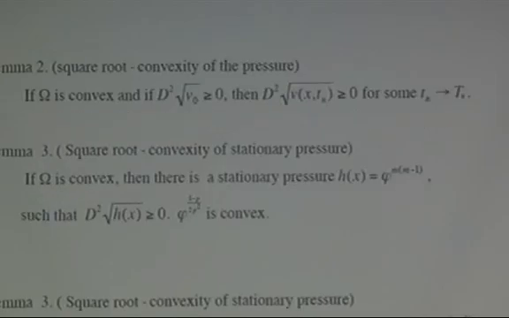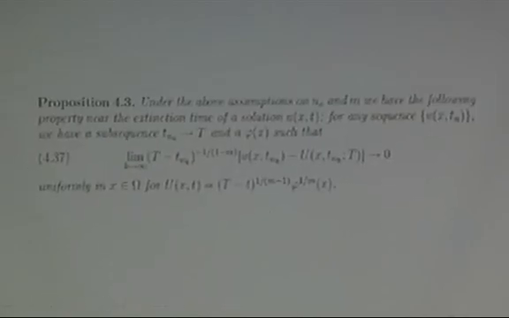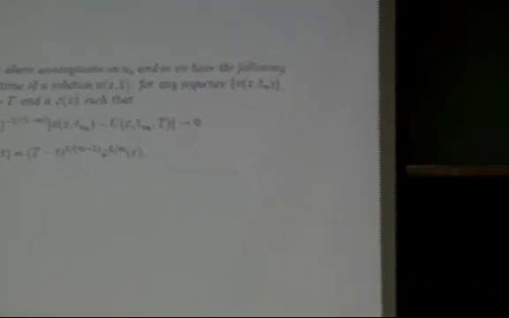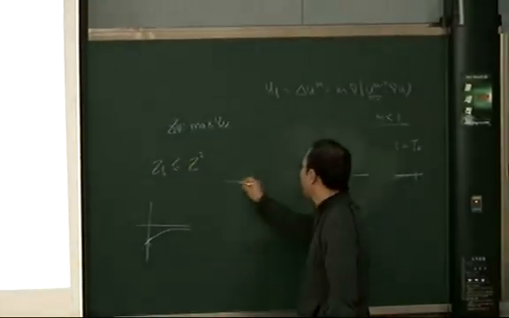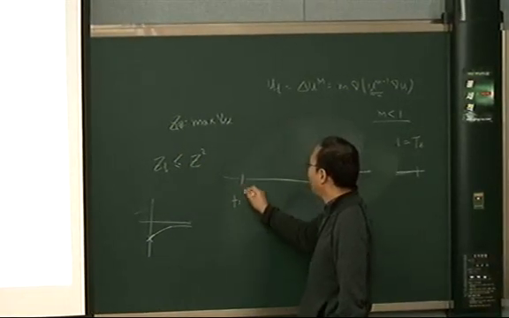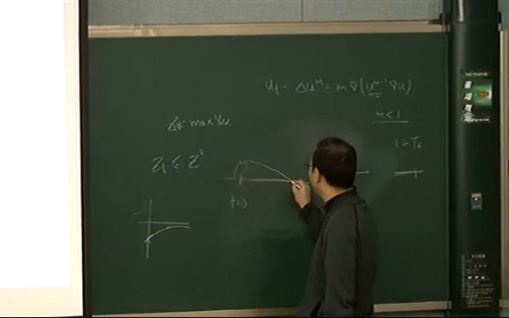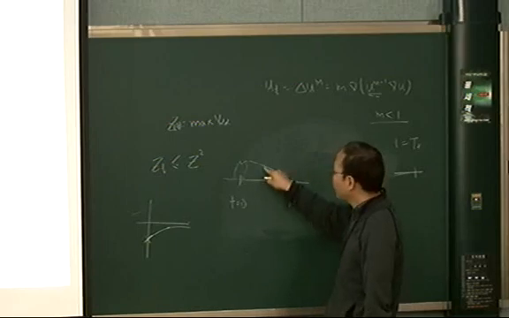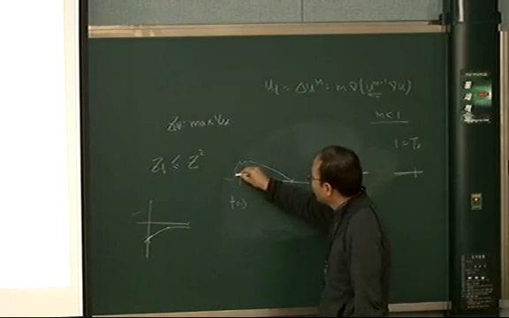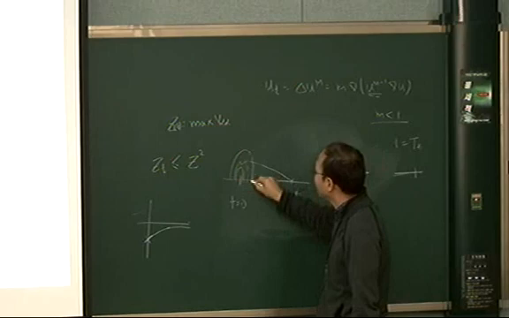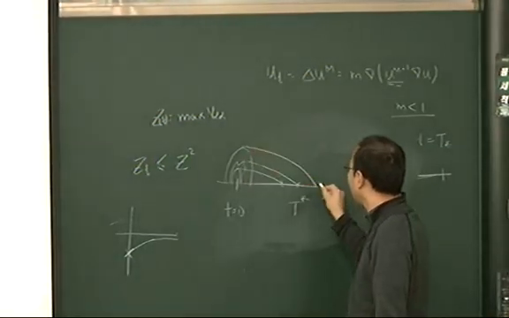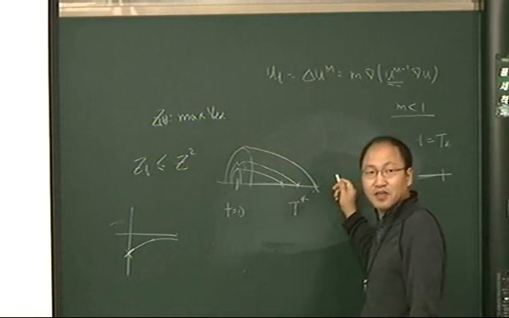And the other difference is instability. When you make an argument, this is t equals 0, then you have your initial data, and this one will be 0 at a certain time. Now you want to control your flow, so you put in a sub-solution and a super-solution. The sub-solution has a different extinction time, and the super-solution has a different extinction time.